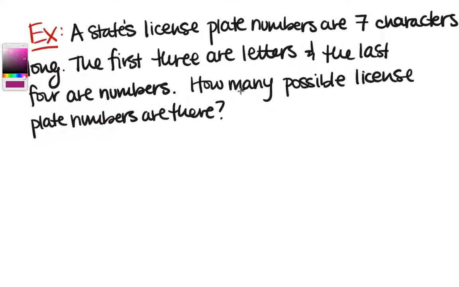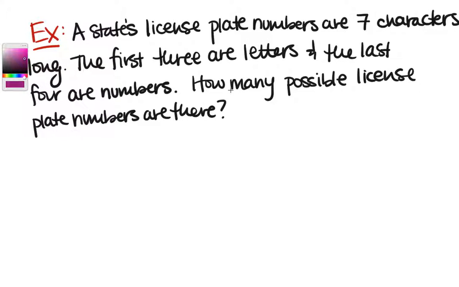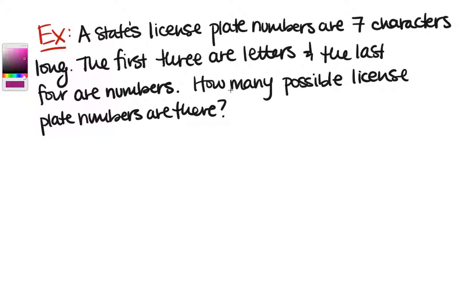All right. A state's license plate numbers are 7 characters long, and the first 3 are letters and the last 4 are numbers. How many possible license plates are there? Okay, so just like we did above with the 3 spots for patty, cheese, bun, we're going to make up the 7 spots here.